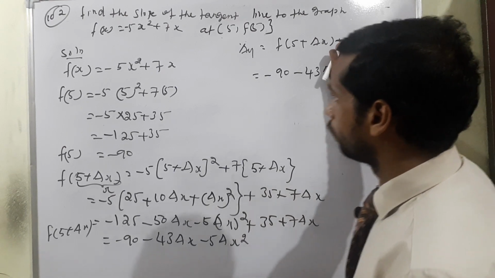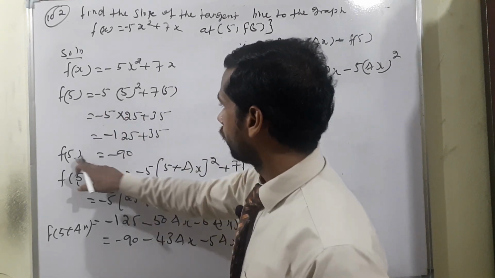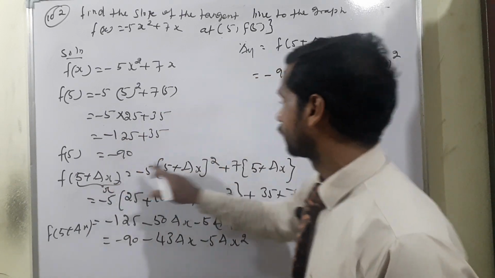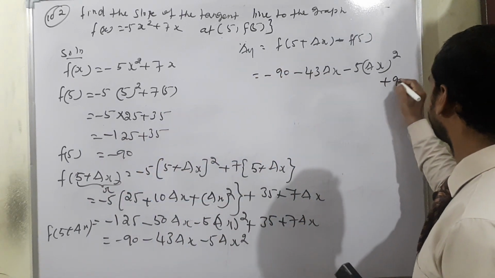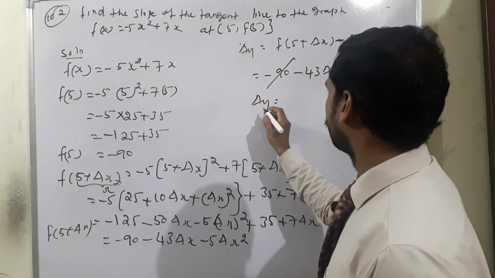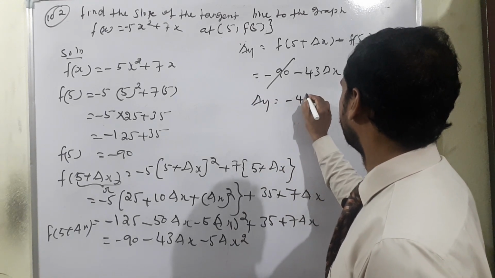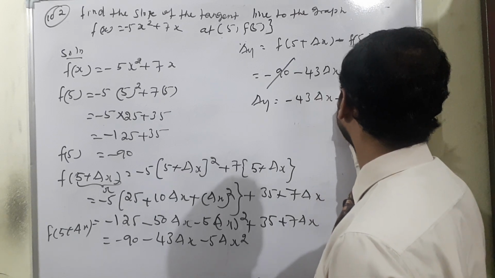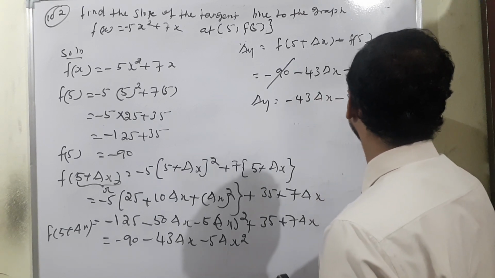Next one minus term is there. So minus means what will happen? Already f of 5 is equal to value we have minus 90. Therefore minus into 90 plus minus 90 plus 90 cancel. Now we can say this is called del y. Del y is equal to minus 43 del x minus 5 del x the whole square.